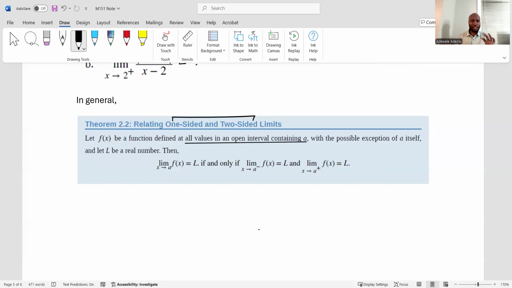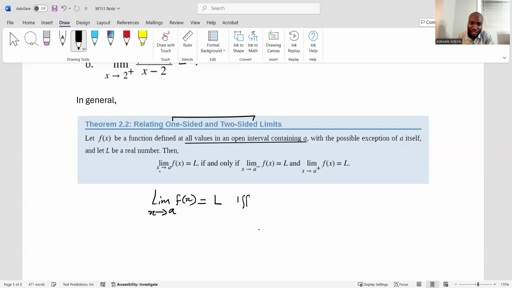And let L be a real number. Then look at this, guys. We will say the limit of that function as x goes to that number a is that real number L.